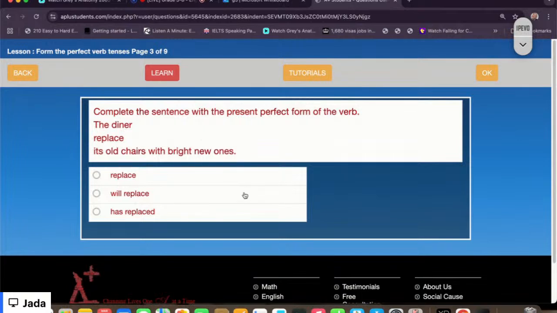The diner replaced its old chairs with bright new ones. Present perfect tense also.